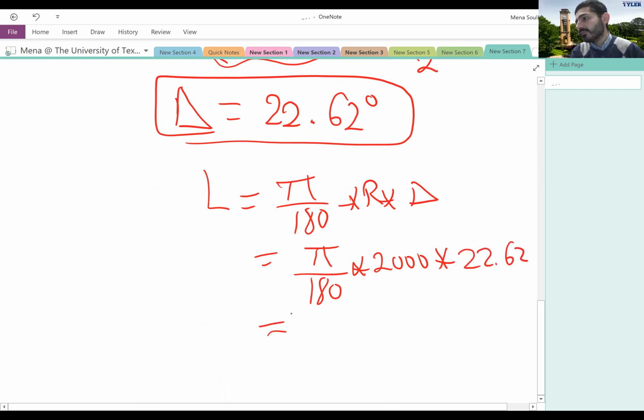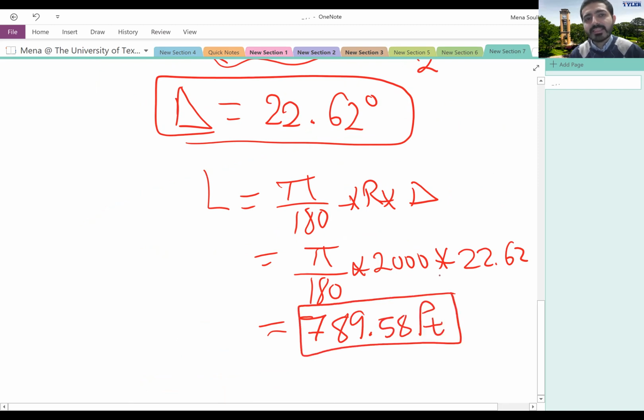That will give me the length of the curve. The length of the curve is 789.58 feet.